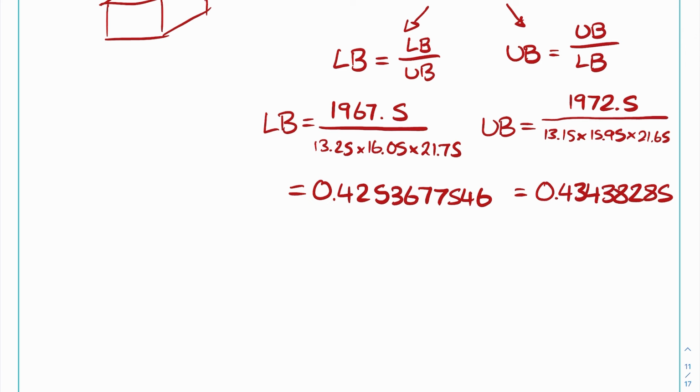So I'm going to now jump to 2 decimal places. So if I cut it there and cut it here, the number on the left, 0.425, would round to 0.43. And the number on the right, 0.434, would also round to 0.43. So we have a match, and that's what we're looking for.